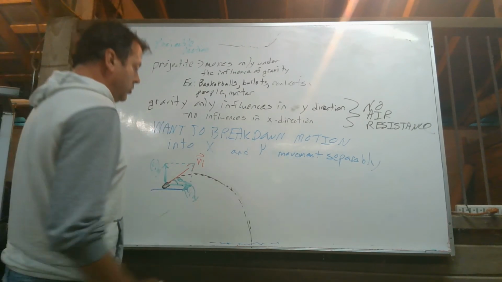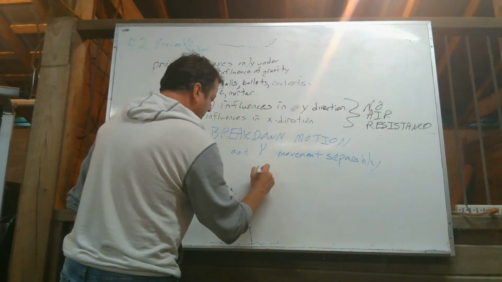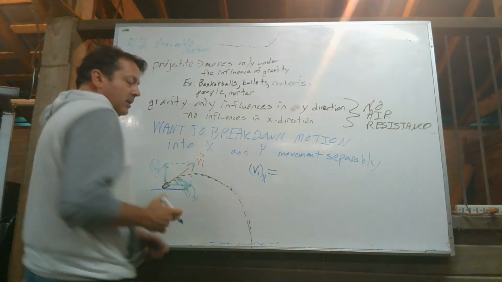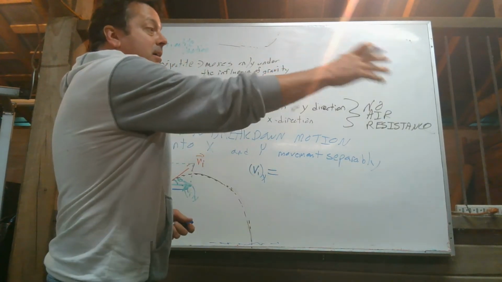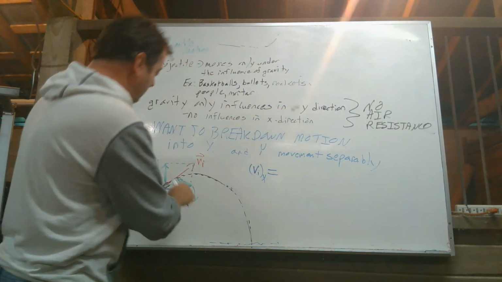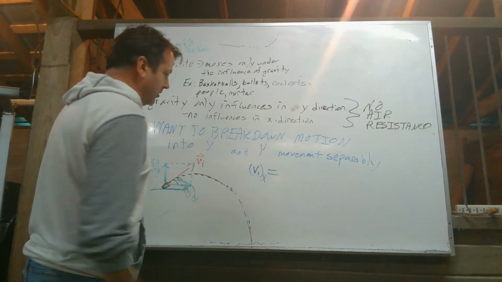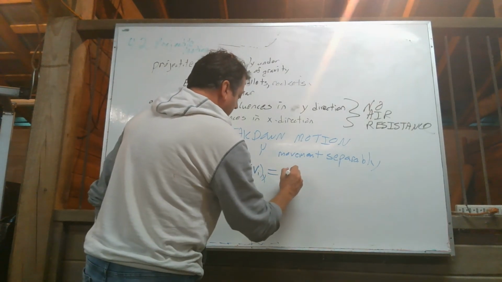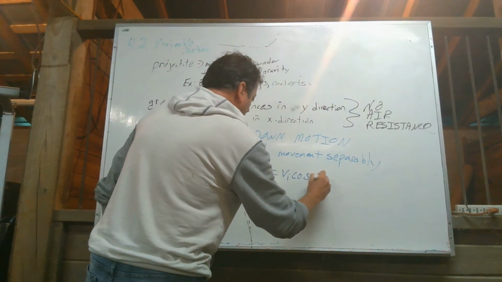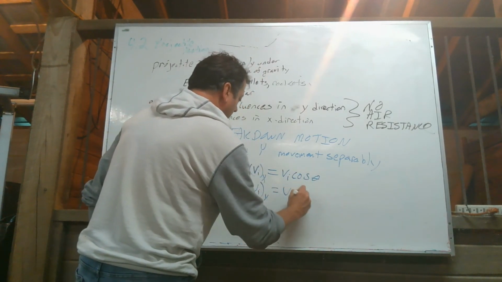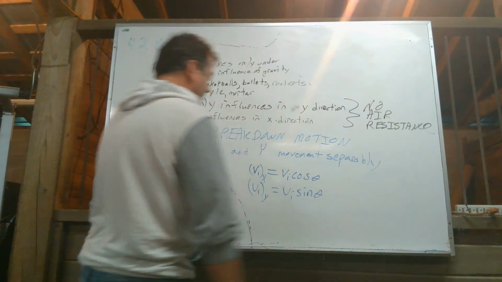So you would know then that the X component of the initial velocity is just, and remember I said X component is cosine, Y component is sine, as long as we base the angle off the X-axis there. So then that's V sub I cosine of theta, and then the Y component is V sub I sine of theta.